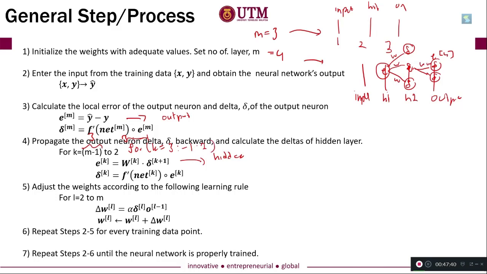So it's a decrement index looping, meaning that you will process, because this operation is backpropagation, you must calculate this layer first. Once you get this one, you get layer number 3, and then you get layer number 2, and so on. So it is going in that direction.